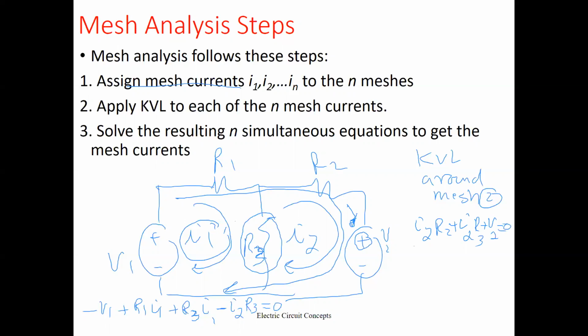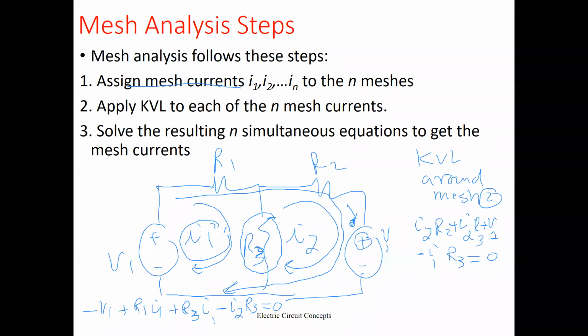Now I should also find the voltage contributed by the neighboring current. So I should also have minus R3 times the difference of the currents, I1 minus I3, equals to 0. So let me fix this here.